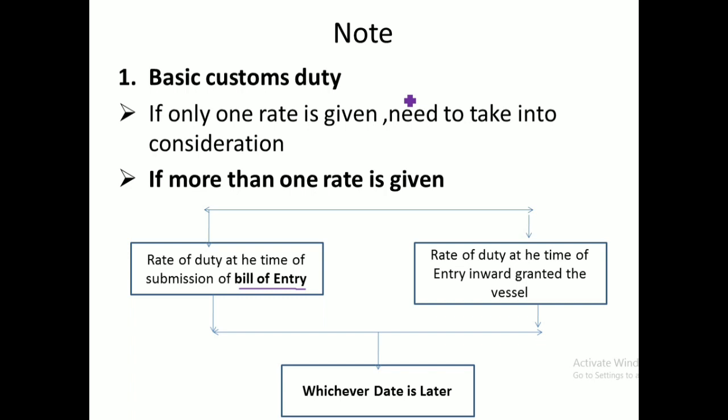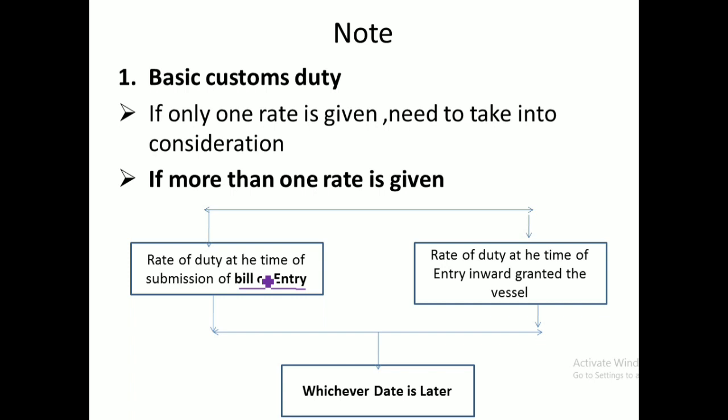I will just repeat once again. The bill of entry will be issued by the importer, or given by the custom agents who help in importing goods from another country to our country.